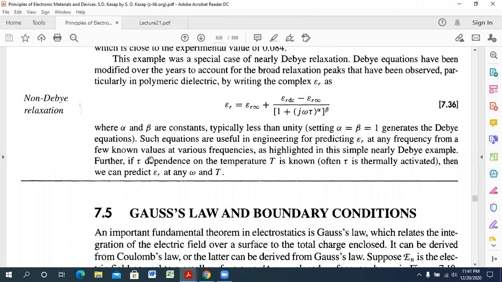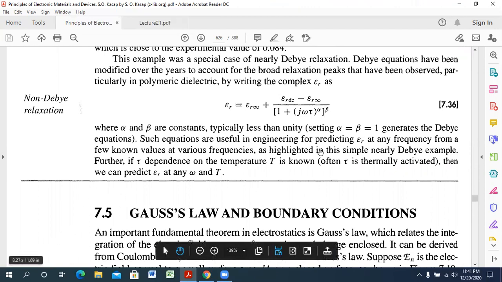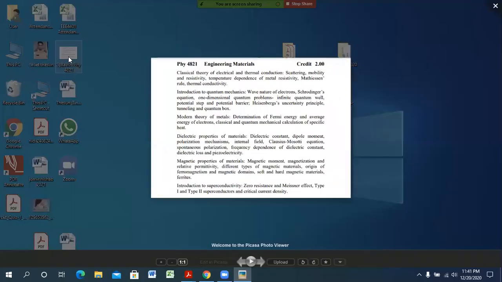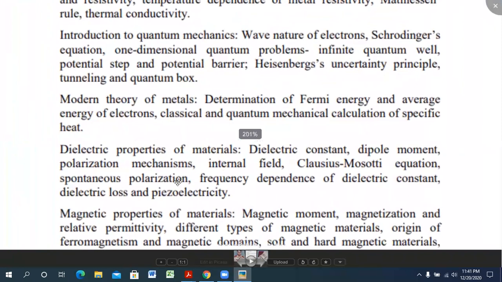So this will be the end of article number 7.4. The next thing is that there is no need to go through article number 7.5 because these things are not included in our syllabus. If you look at your syllabus, we have already covered the Clausius-Mossotti equations and different types of polarizations.